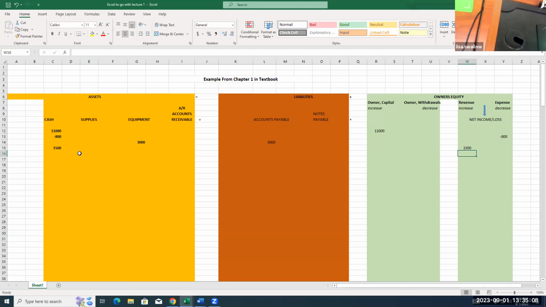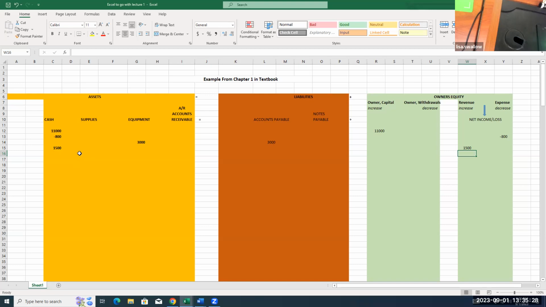A receivable is always a what? Asset. Anything with the word receivable in it is an asset. Anything with the word payable in it is a liability. That didn't happen in this situation, but I'm just doing that for illustration.